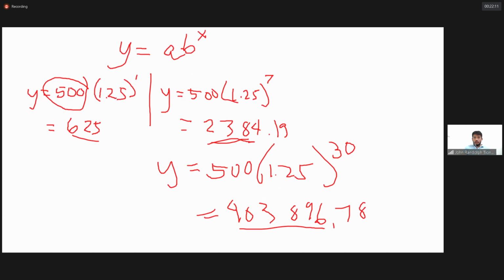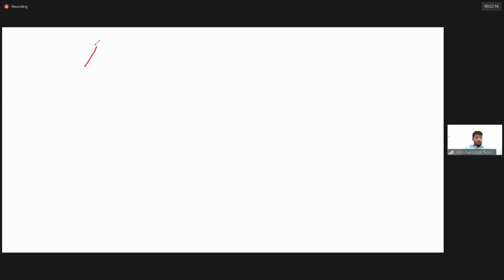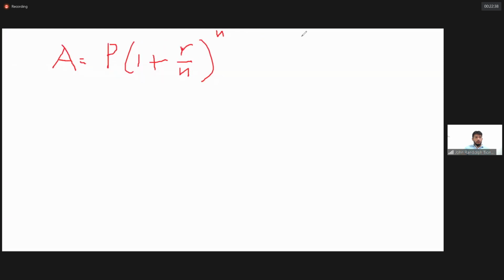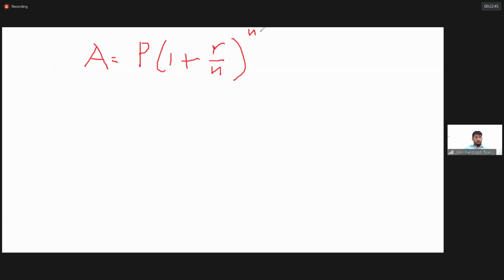Okay, so we are given there the formula. Let me clear this one first. Okay, given there the formula A equals P times 1 plus R over N, all raised to the power of NT.